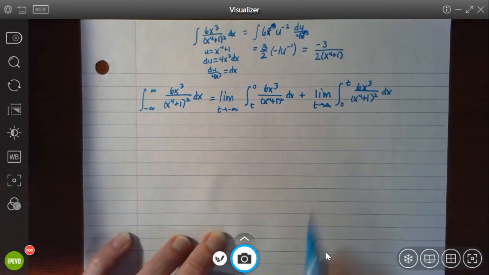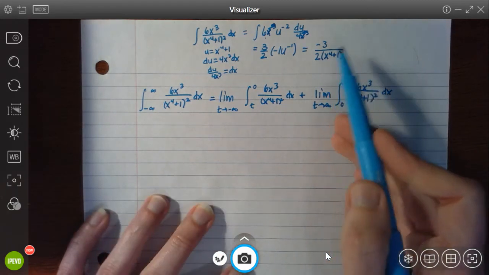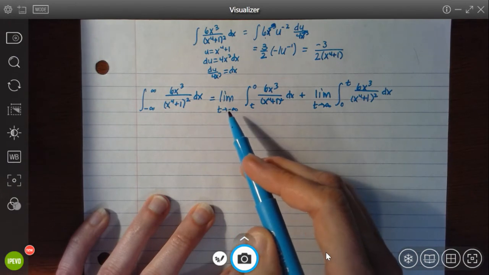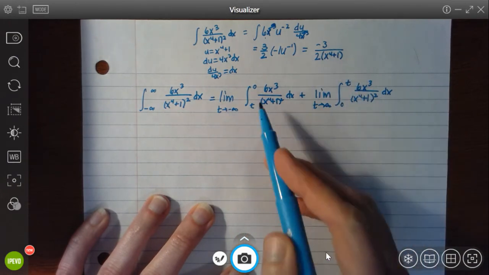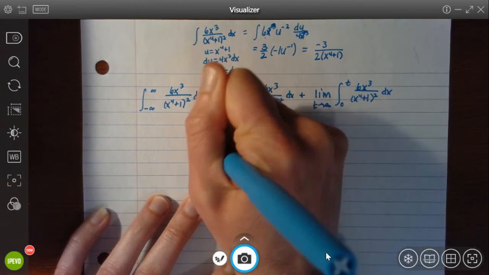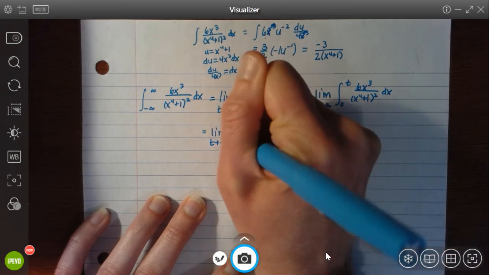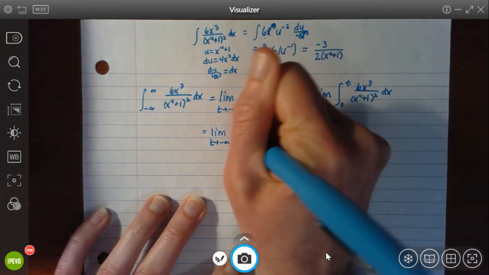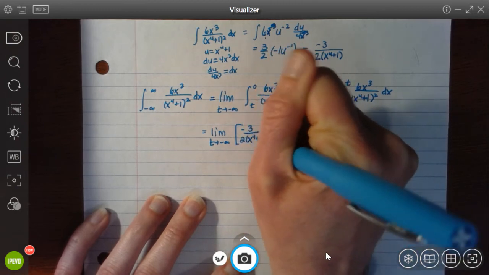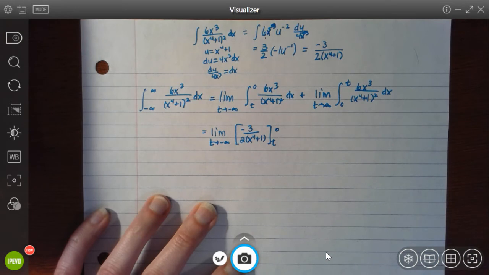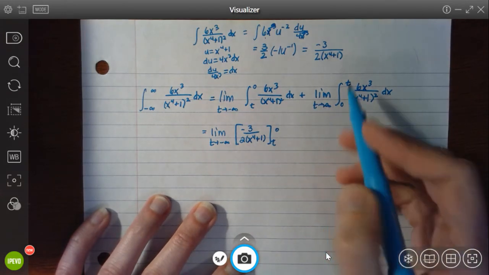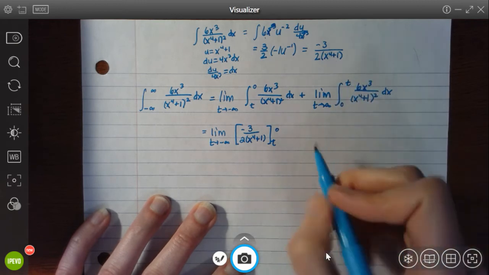That would be our value for the antiderivative. Now I'm going to use this and find the limit as t approaches negative infinity of that value evaluated from t to 0. I'm also going to find the limit as t approaches positive infinity of that function evaluated from 0 to t.